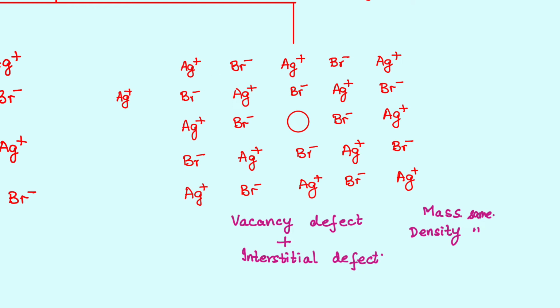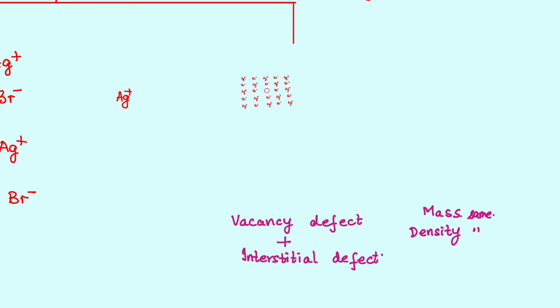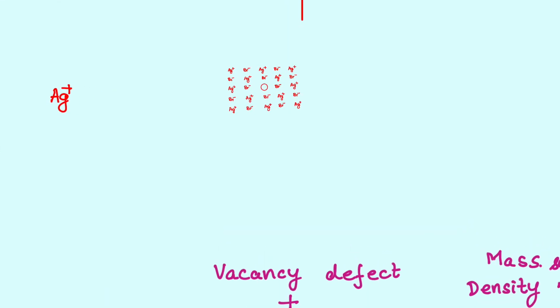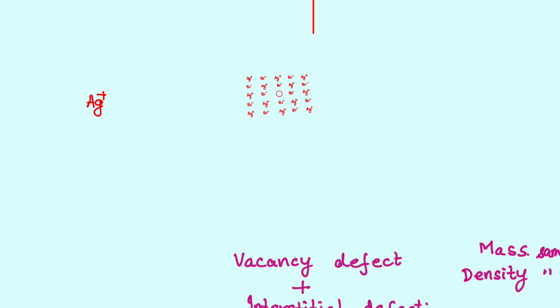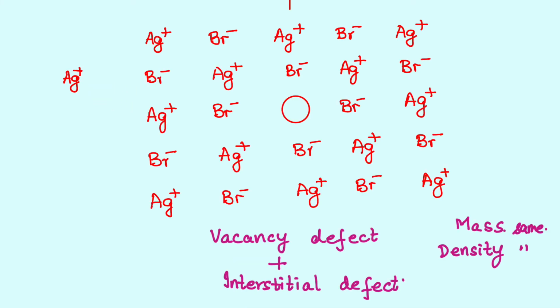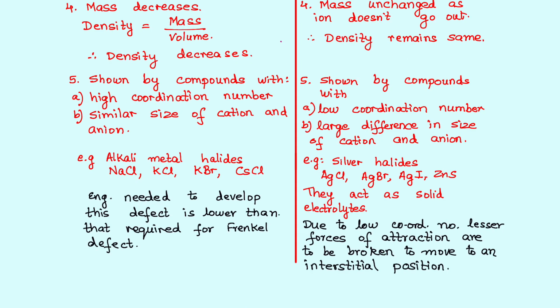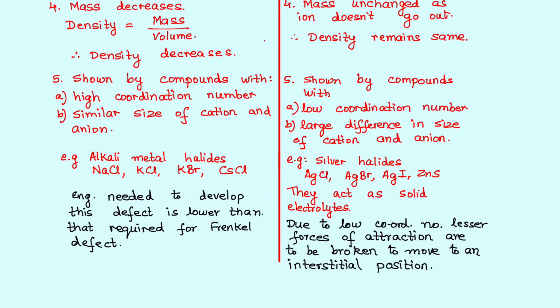If my class is crowded, do you think my ion can go and fit itself somewhere? No. So preferably this takes place in compounds which have low coordination number and a large difference in size of cation and anion.